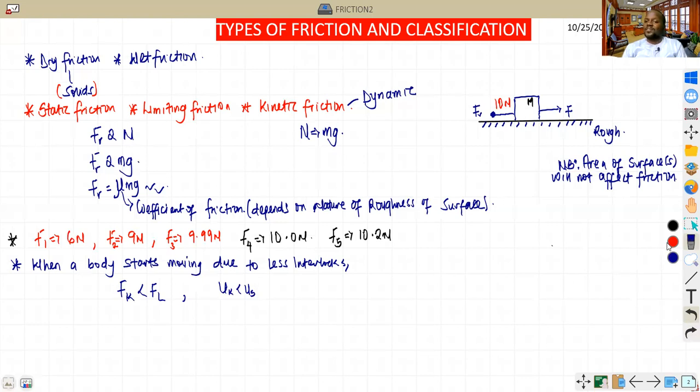These two facts are very, very important. You can be asked in an objective or multiple choice question about the relation of kinetic and limiting friction. Kinetic friction is always less than limiting friction. So this is the way we classify force. In this chapter, we talked about the types of friction and their classification and explained them with a simple example for understanding's sake. So we move to the next slide, which is the third.